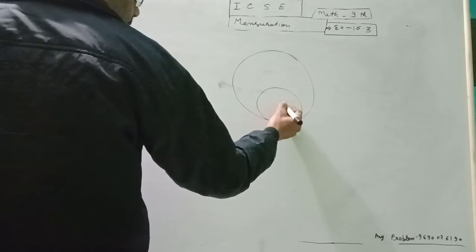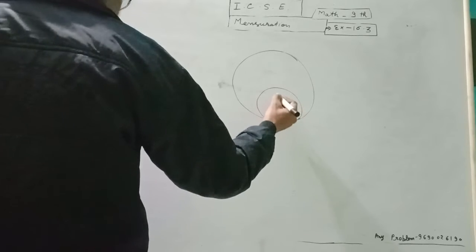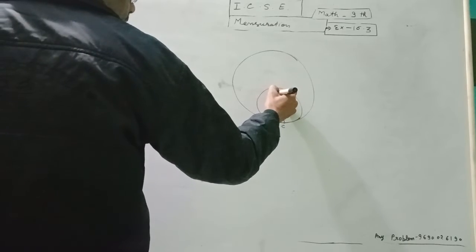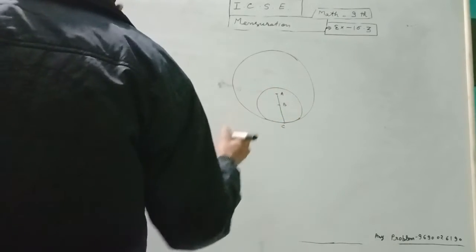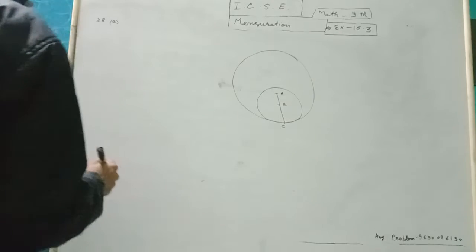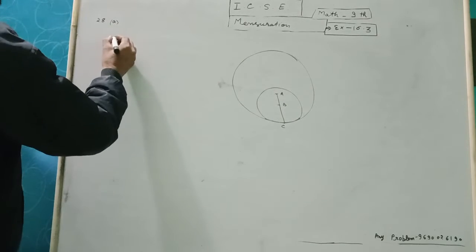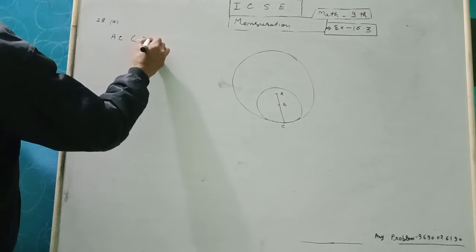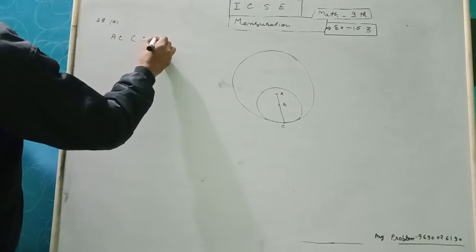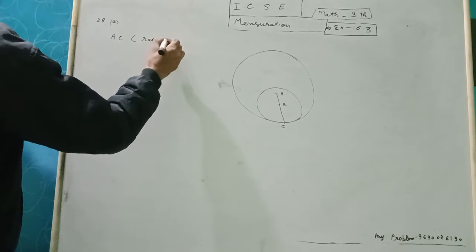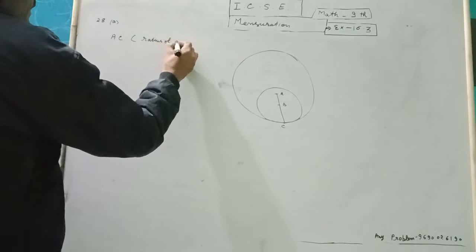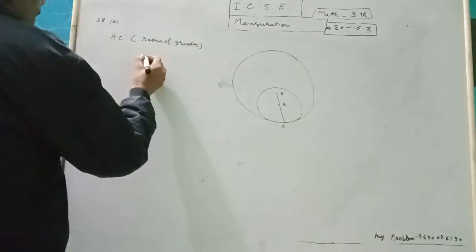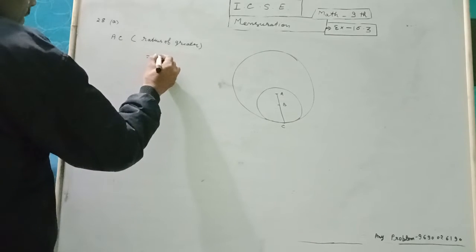C will be the radius CB and AC. AC will be the radius of the greater circle is equal to 8 cm.